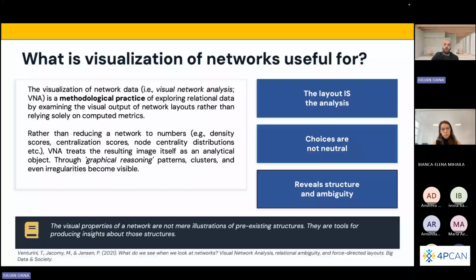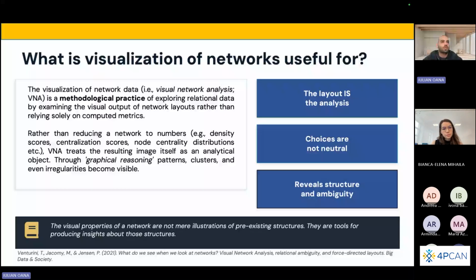Because, of course, we can say something about the network density. For example, we can compute the density of a network by taking the ratio between the number of observed ties and the number of theoretical ties, and see we have a density of 0.12.